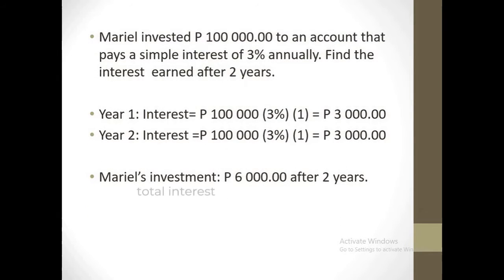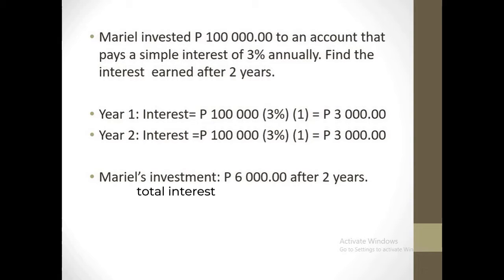Mariel invested 100,000 pesos in an account that pays a simple interest of 3% annually. Find the interest earned after 2 years. Year 1, interest is equal to 100,000 multiplied by 3% times 1, which is equal to 3,000 pesos.